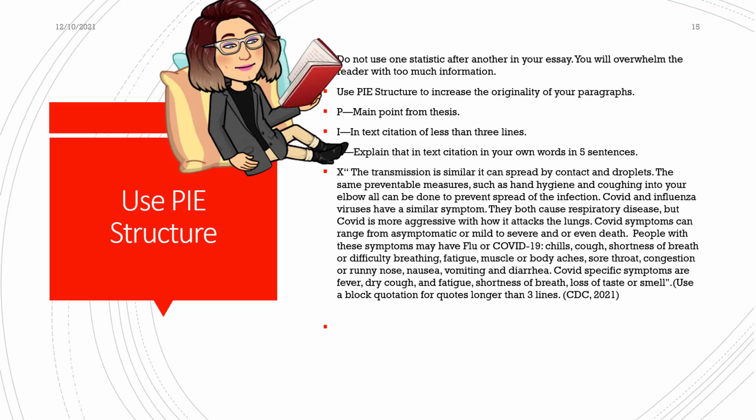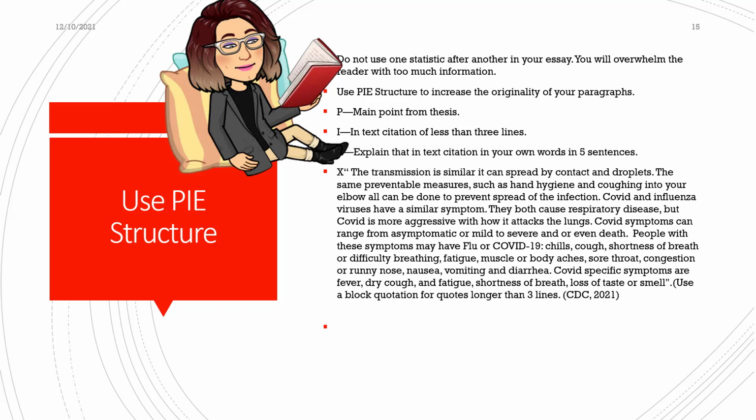So here you have an example of a quotation. It's way too long. Okay, the transmission is similar. It can spread by contact and droplets. The same preventable measures such as hand hygiene and coughing into your elbow all can be done to prevent the spread of the infection. COVID and influenza have similar symptoms. They both cause respiratory disease. COVID is more aggressive with how it attacks the lungs. COVID symptoms can range from asymptomatic or mild to severe or even death.